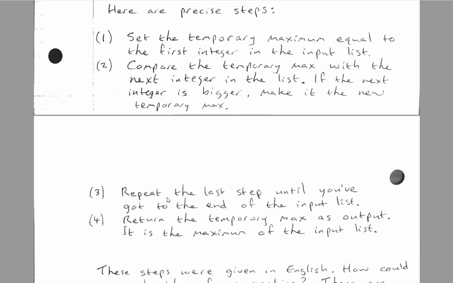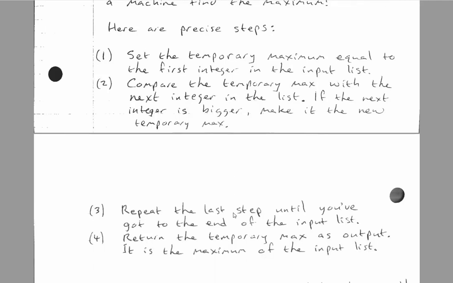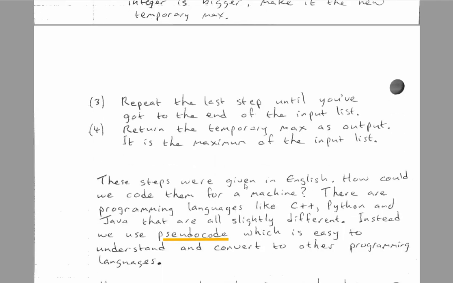So yeah, this is an important idea here, this idea of a loop. Our algorithm is repeating a step. Okay, so we describe these steps just in words, just in English.